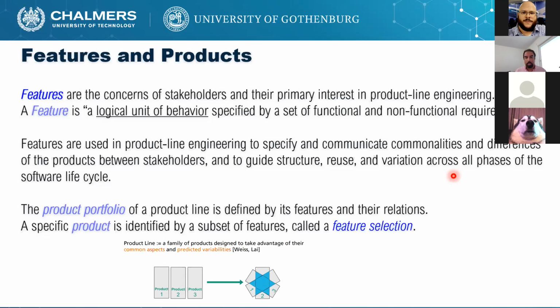We use features in a product line because features are the key for us to identify a software line. It depends on what is included and what's not included, what is mandatory, what is non-mandatory, and so on.